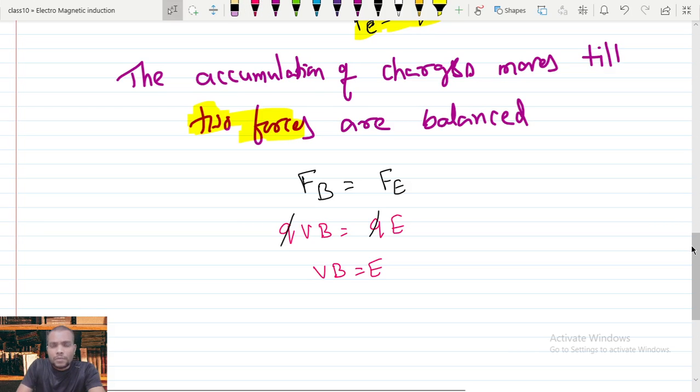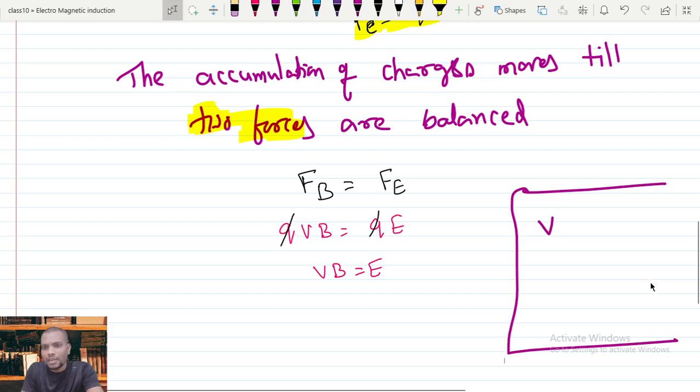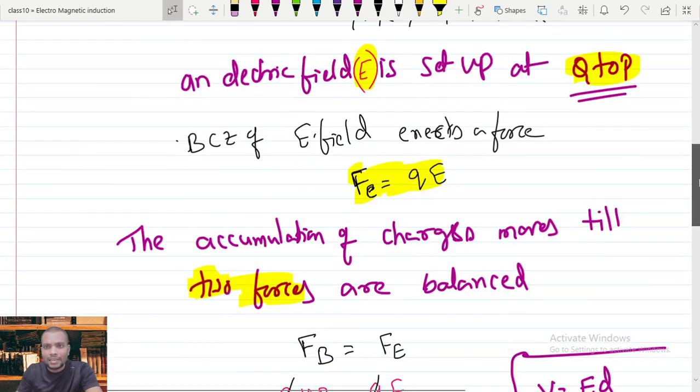Now, if you remember, we have a very helpful formula, that is the potential difference. We can express the potential difference as V equal to E times d. This is the expression for the potential difference in terms of electric field and the distance.